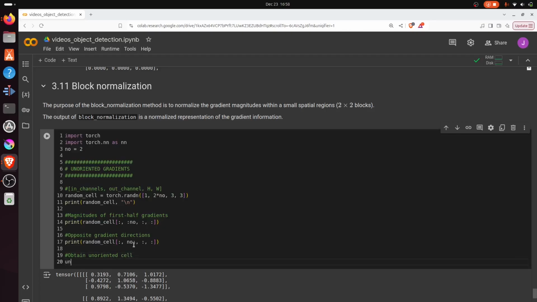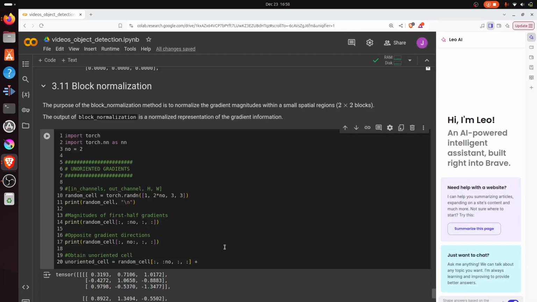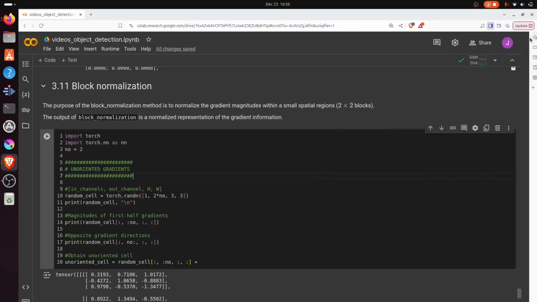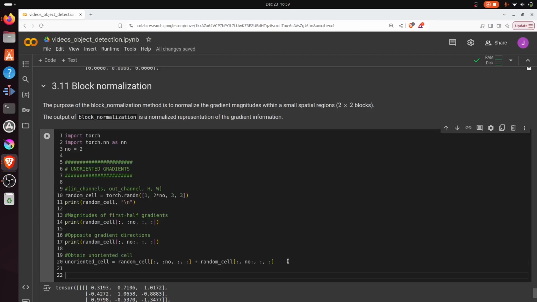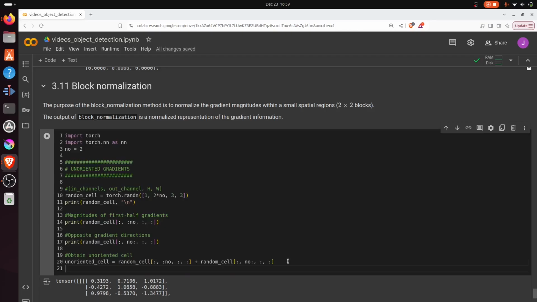Basically, we're going to get this unoriented cell, and we just simply need to add both up. Exactly, like that.